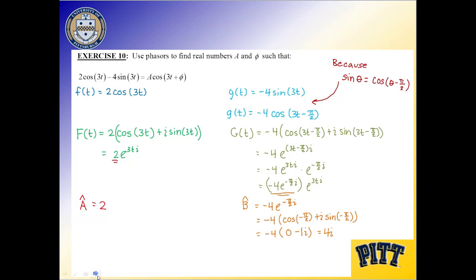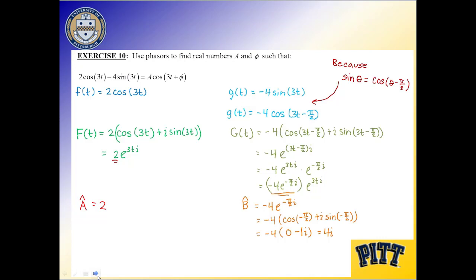So I'm going to have negative 4 times e to the 3t i times e to the negative pi over 2 i, which gives me negative 4 e to the negative pi over 2 i times e to the 3t i, which means the phasor portion is negative 4 e to the negative pi over 2 i, which I then convert into a standard complex number, which becomes 4i.